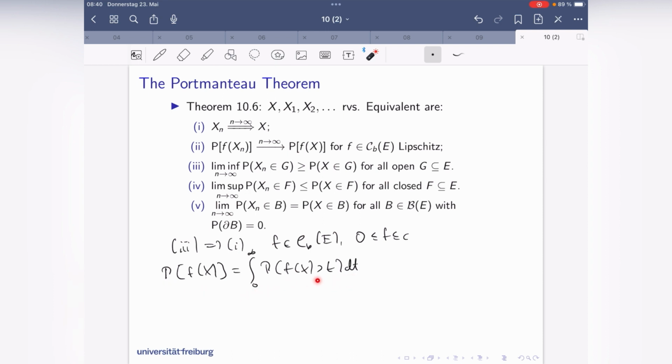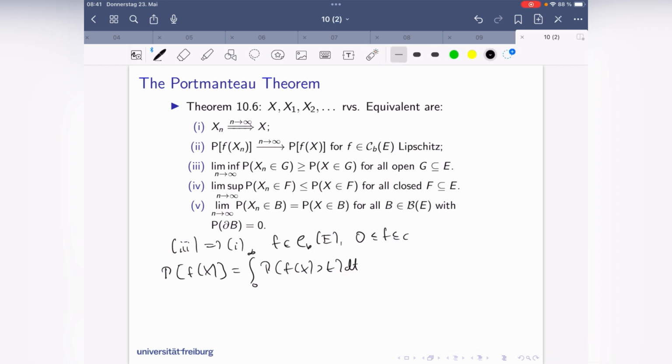And that's a clever trick in this sense because f is continuous. The open set from t to infinity is an open set. And that means the set where f of x is bigger than t is also an open set, because the pre-image of open sets is open under continuous functions. So that's an open set.